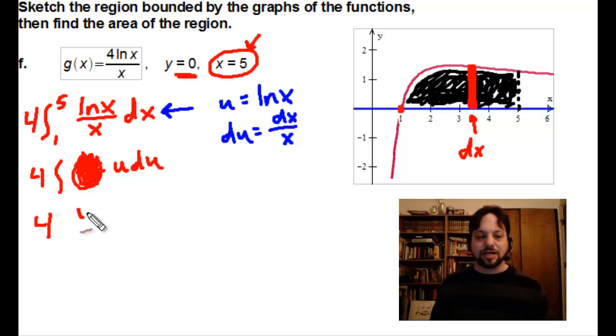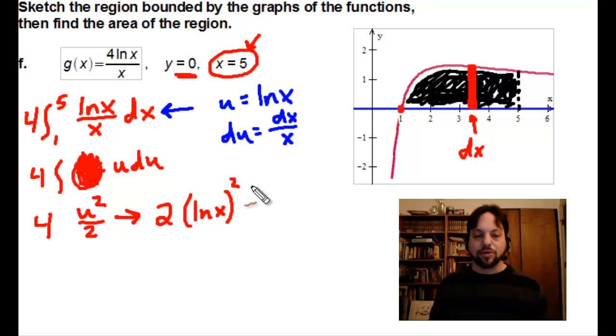We're simply going to get u squared over 2. And when I turn that back into its x form, the 2 and the 4 are going to interact in such a way that I'm just left with 2. U squared is going to be the natural log of x to the second power, and we're going to evaluate this again from 1 to 5.